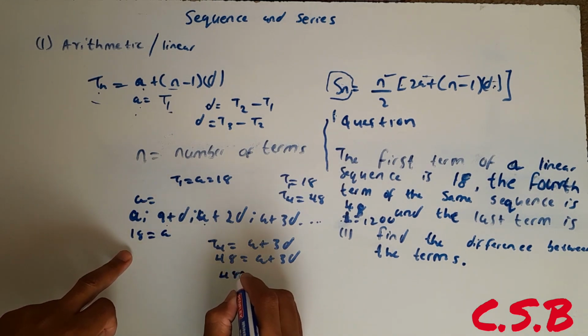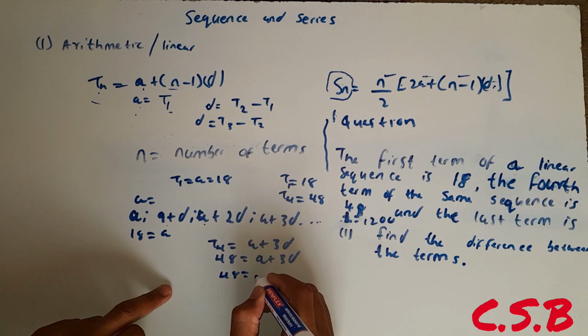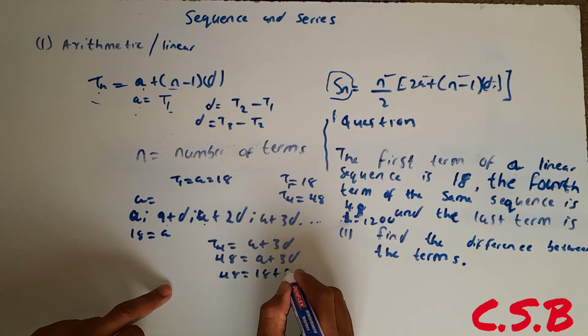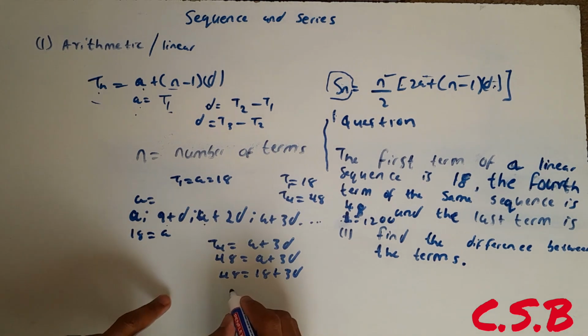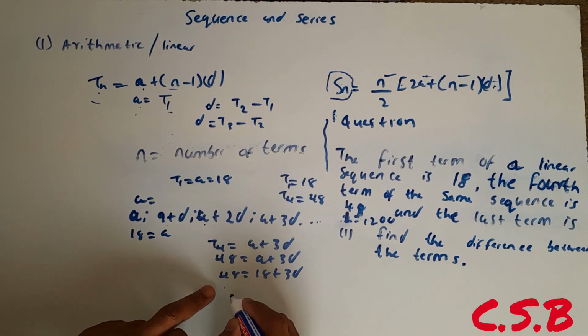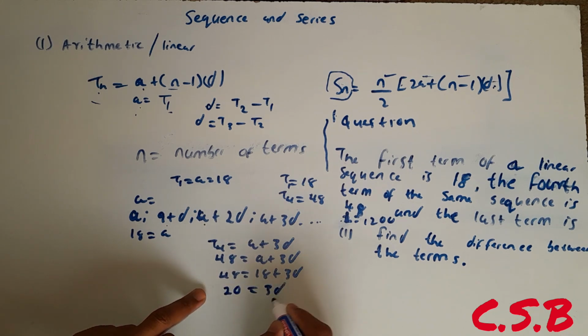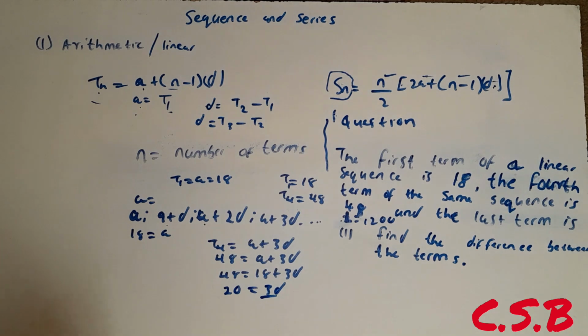Now we have our a, which is 18. So 48 is equal to 18 plus 3d. We transpose, and 48 minus 18 is 30.